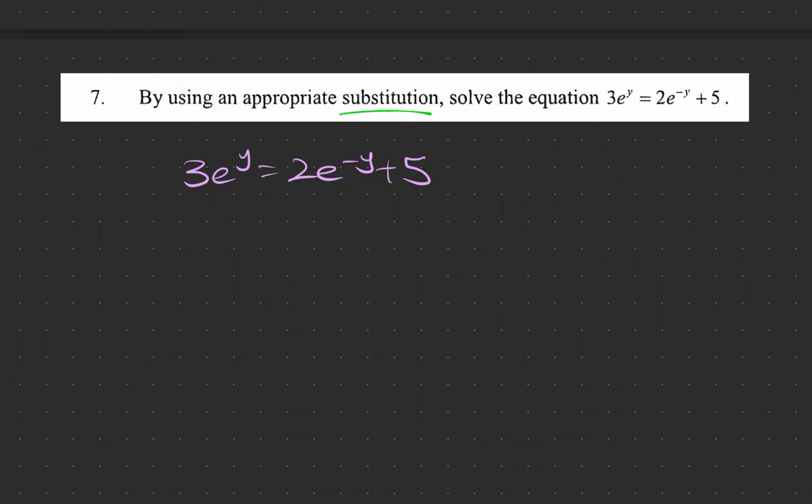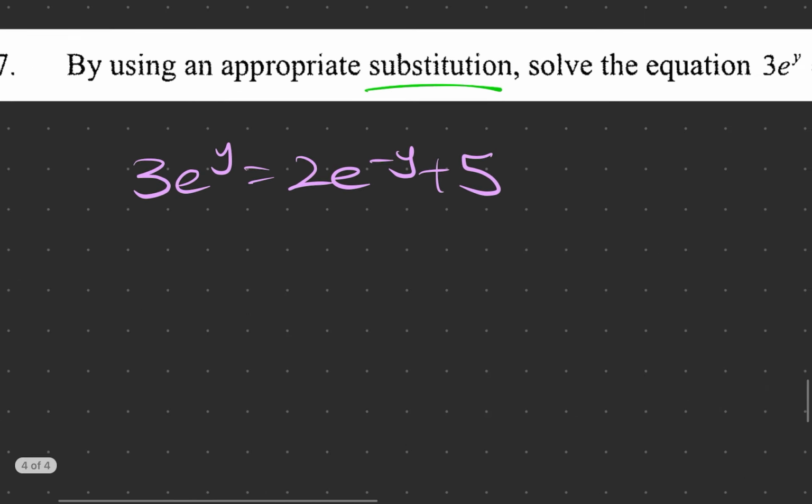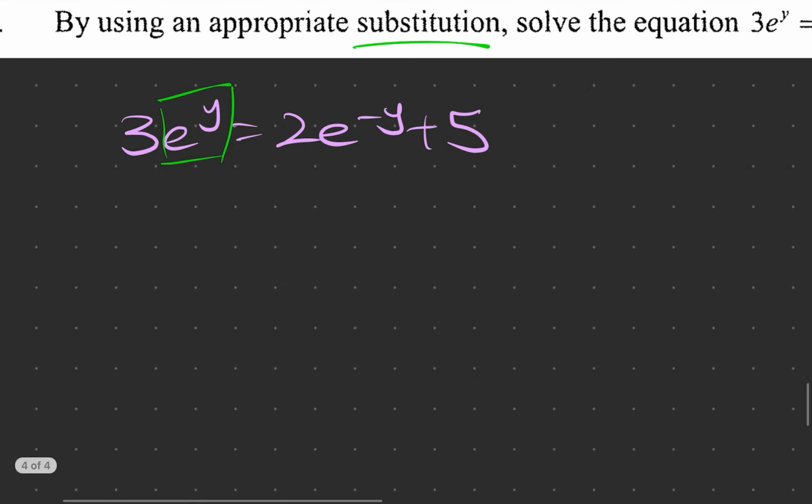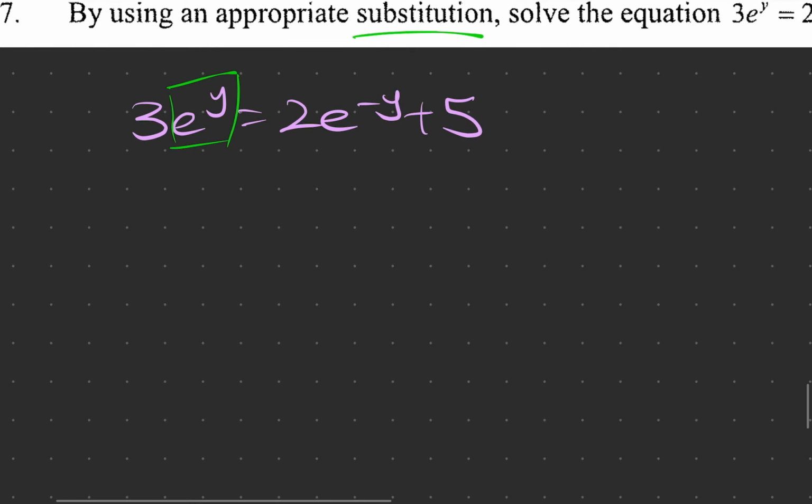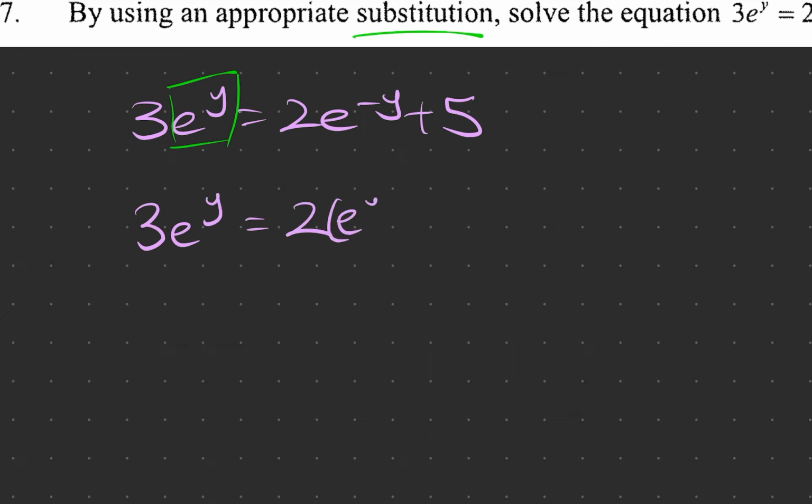Okay, this question. A value I definitely want to substitute is e to the power of y, so I'm going to find a way to make e to the power of y appear in almost everything. So 3e to the power of y equals 2 times (e to the power of y) to the power of negative 1, plus 5.